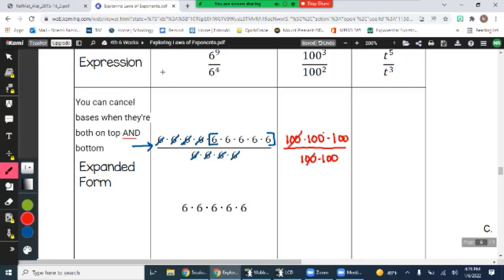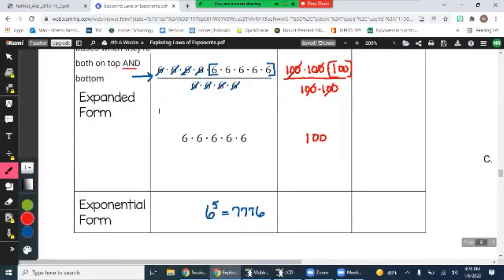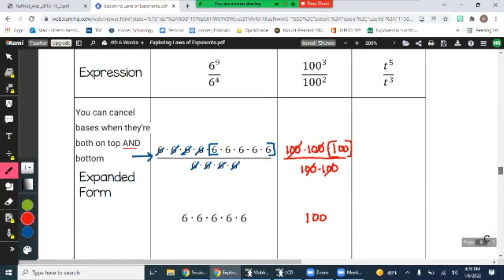Top with bottom, top with bottom. Here, we were left with just this one lonely 100. So in exponential form, you write it as 100, or you could also write it as 100 to the power of 1. Either or, take your pick.